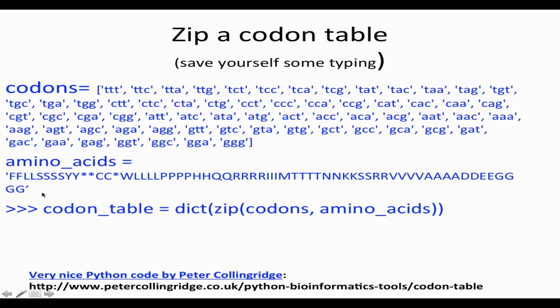Amino acids is this string. And then you create codon table with a zip function: dictionary, zip, codons, amino acids. Maybe I should have used this dictionary zip in the previous example. And here's the credit to Peter Collinridge, who wrote this code. So this will make your life easier.